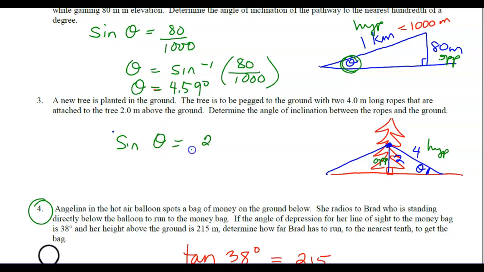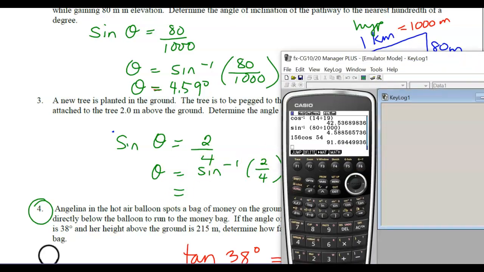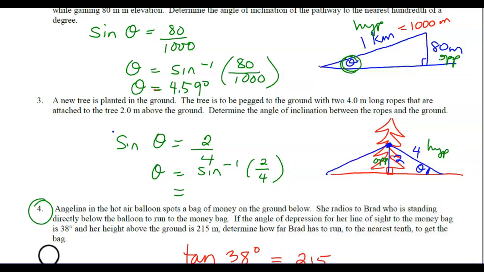So theta equals inverse sine 2 over 4. Remember, we don't have to reduce it because we're not done the question. Okay, so then let me use my Casio. So shift sine, I need brackets, 2 divide 4, close the bracket, I get 30 degrees. Okay, so now we've done that entire lesson and you can do the practice.